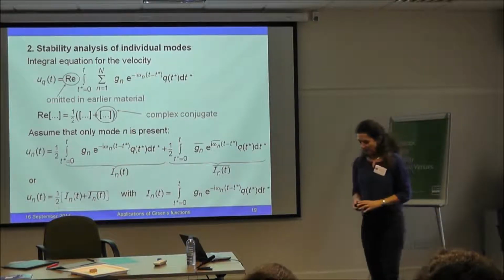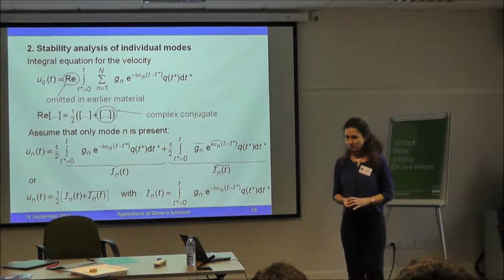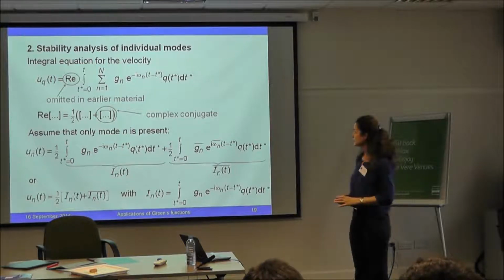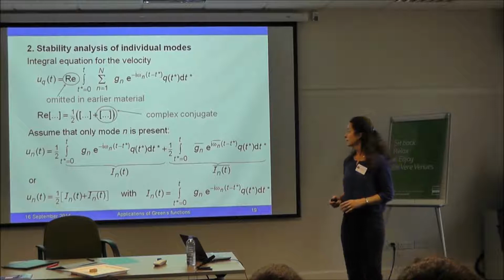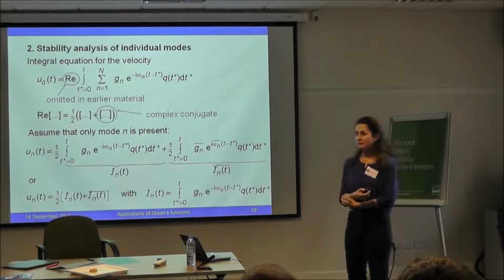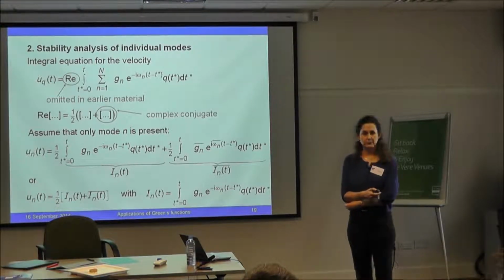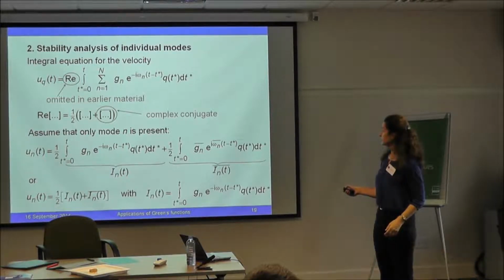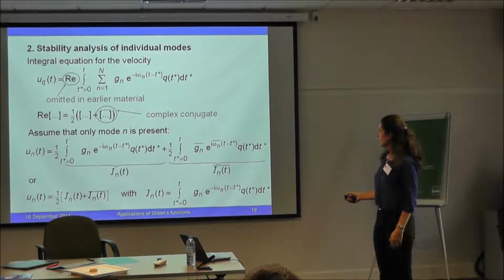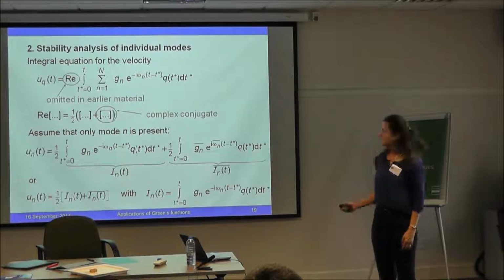Okay, so this was to illustrate how to use the Green's function to calculate time histories. I now want to use it for a different purpose, and that is to analyze stability of individual modes in a nonlinear setting. So our starting point is again the integral equation for the velocity, which you have seen before, except that I've now introduced the real part.